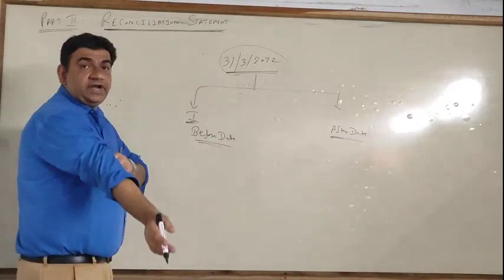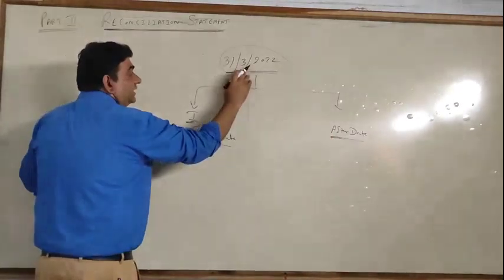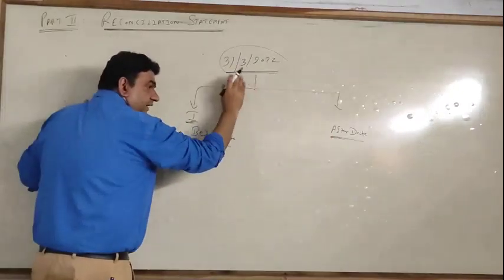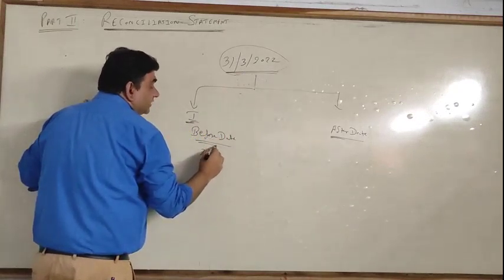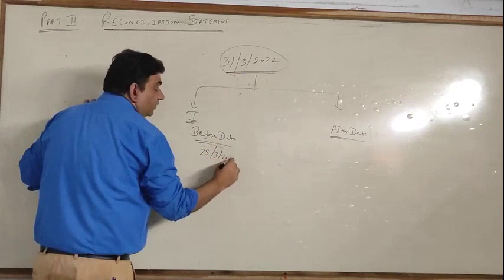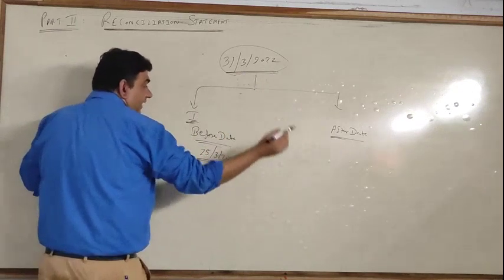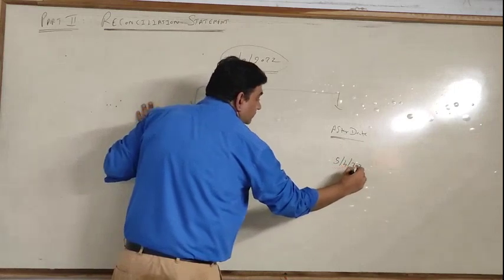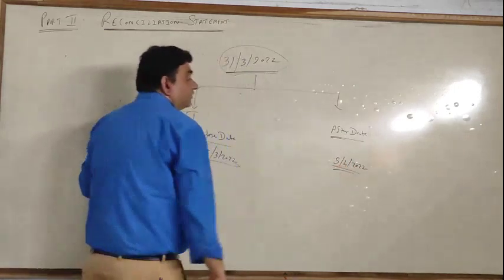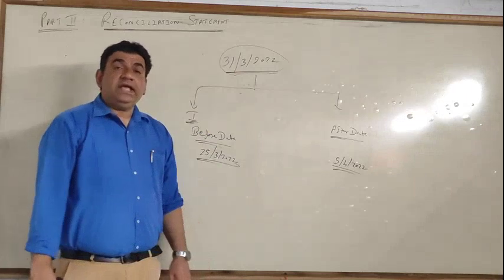Now when I say before date, my year ending is 31st March. Instead of taking on 31st March, the company will take a few days before. Say for example, they will take it on 25th March. And after it, they will take it, say for example, after 31st March, that is 5th April. Okay?